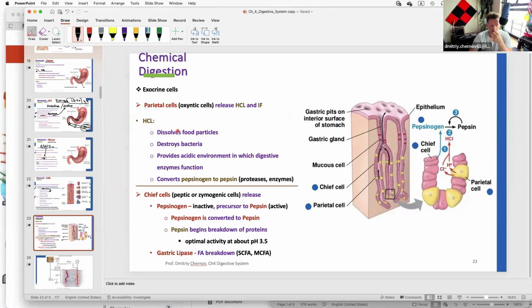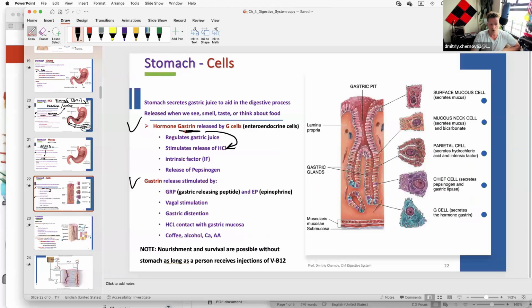So the lining of the stomach and the lining of the small intestine is complex because there's a bunch of different types of cells that release different types of chemicals, secretions for proper digestion. So the hormone gastrin is released by G cells, enteroendocrine cells, and regulates release of hydrochloric acid.